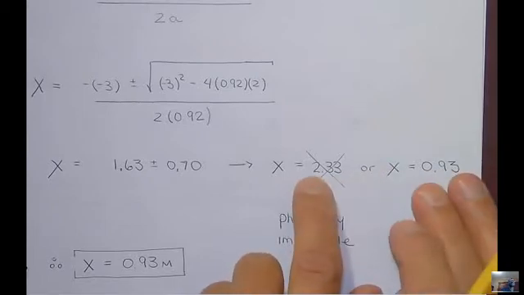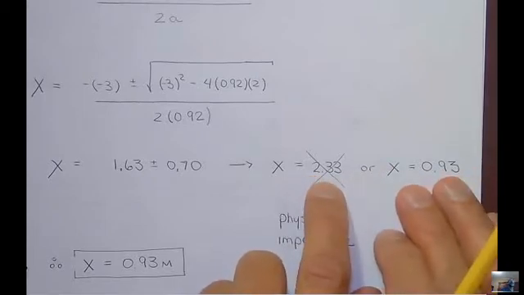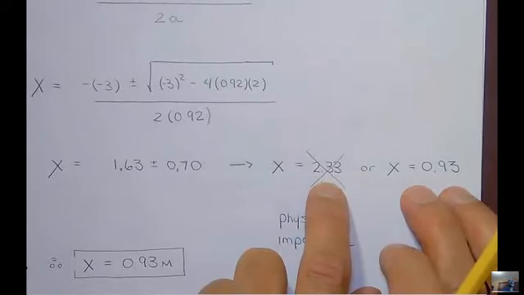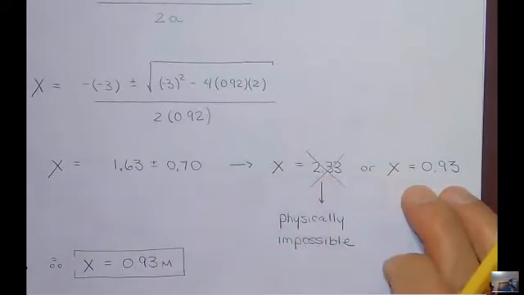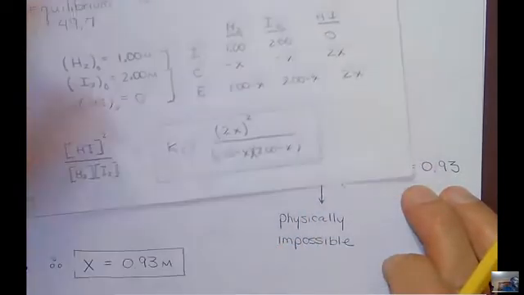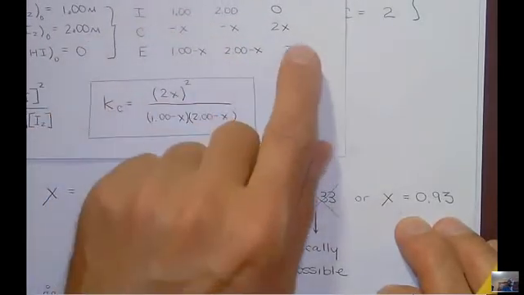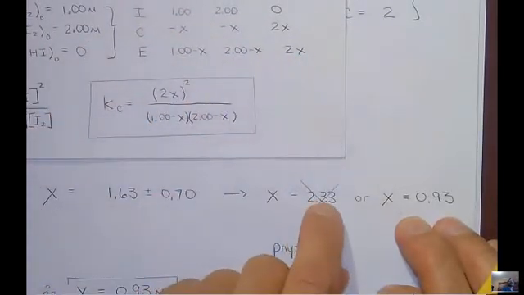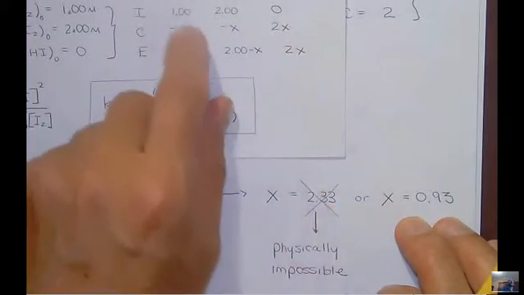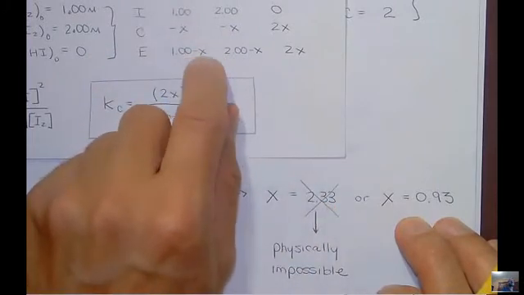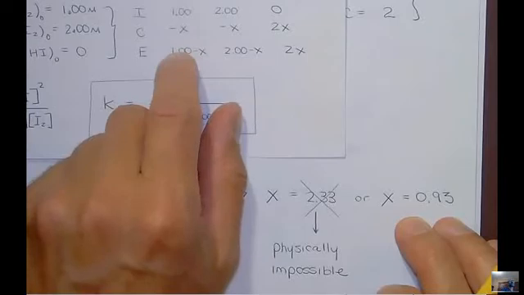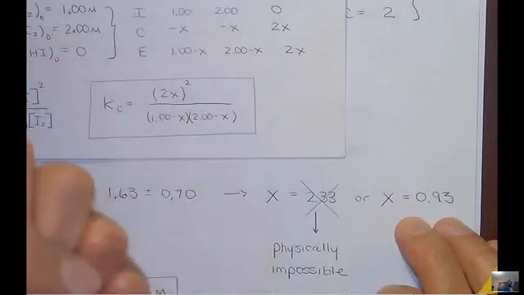So I have two answers. Which is the one that is physically important in chemistry? Well, the one that makes sense, and I'll go back to here, the one that makes sense in terms of the stoichiometry. How can I subtract 2.33 from 1? Concentrations can never go negative, right? Concentration is amount of material.